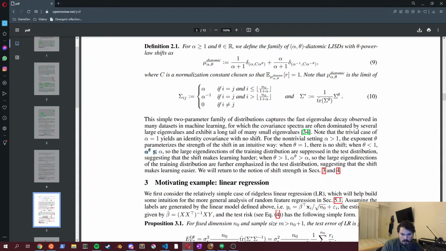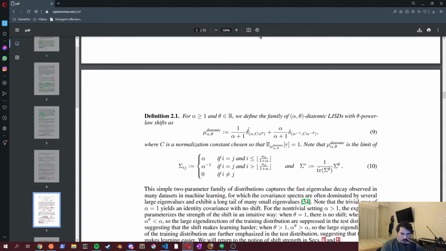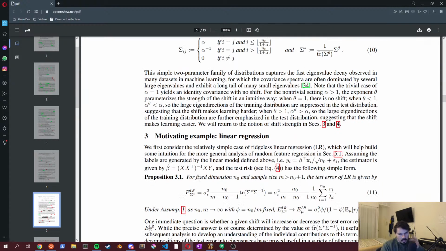So basically, they're saying for some reason when alpha to the theta is less than alpha, you basically learn different eigendirections. Whereas when theta is greater than 1, you learn the most important eigendirections of the test distribution. I'm not really sure why that's true with this notation. I still don't really know what alpha is, but okay, let's just keep moving on.